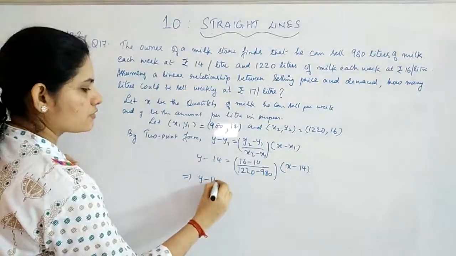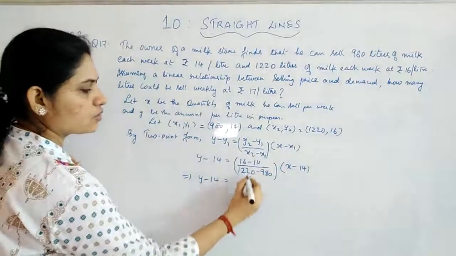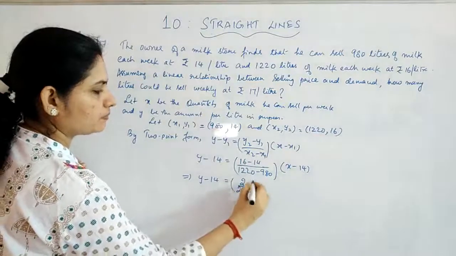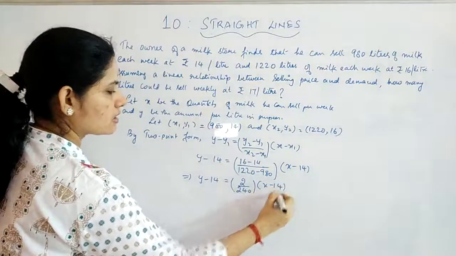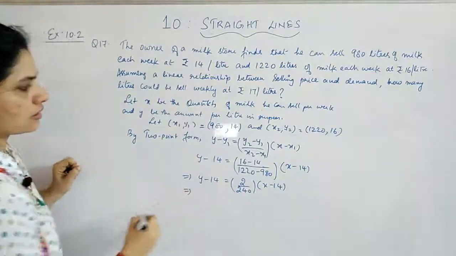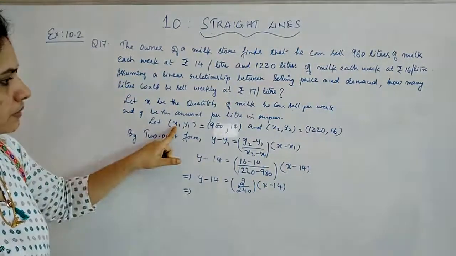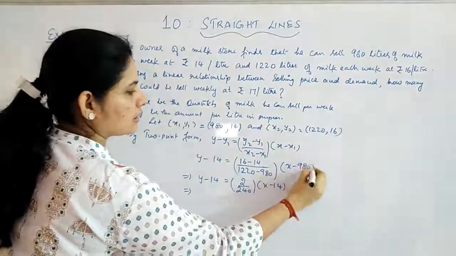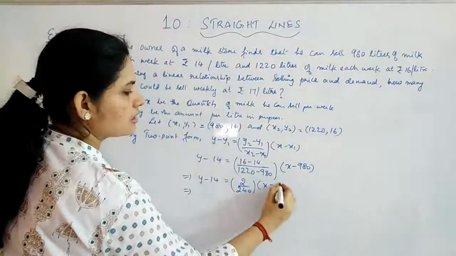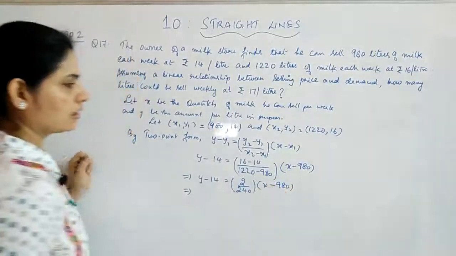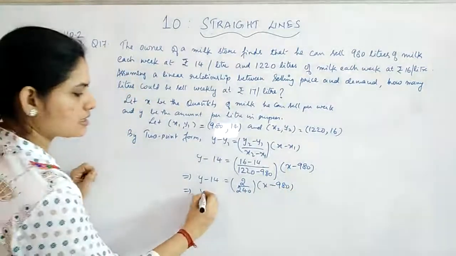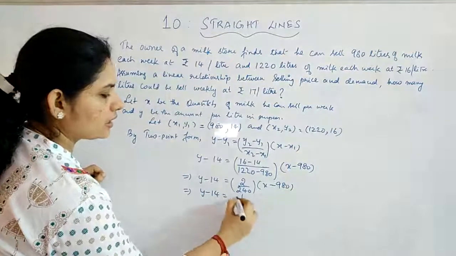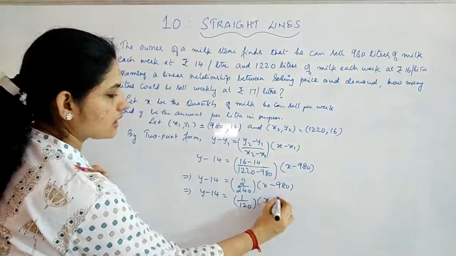So y minus 14 is equal to 2 by 240 into x minus 980. Now y minus 14 will give you 1 by 120 into x minus 980.